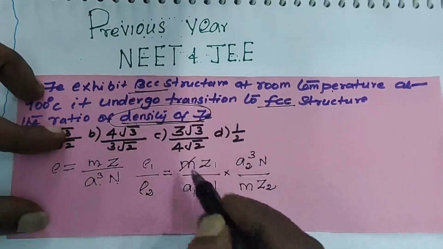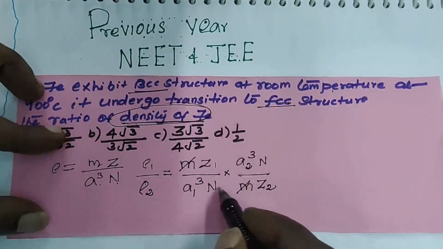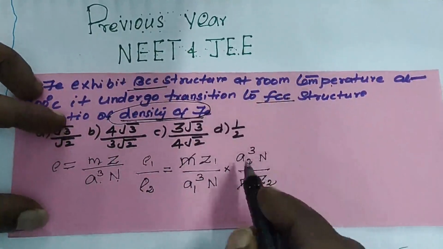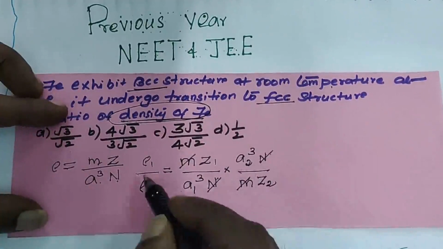The mass M is constant and N is the same for both.